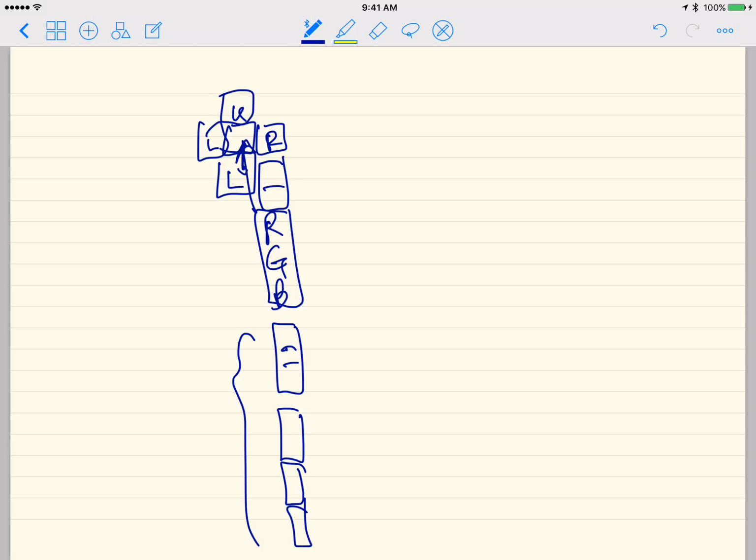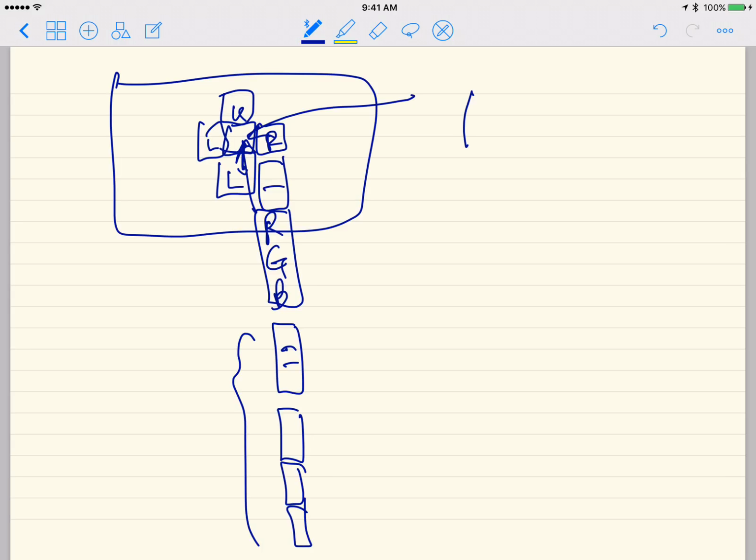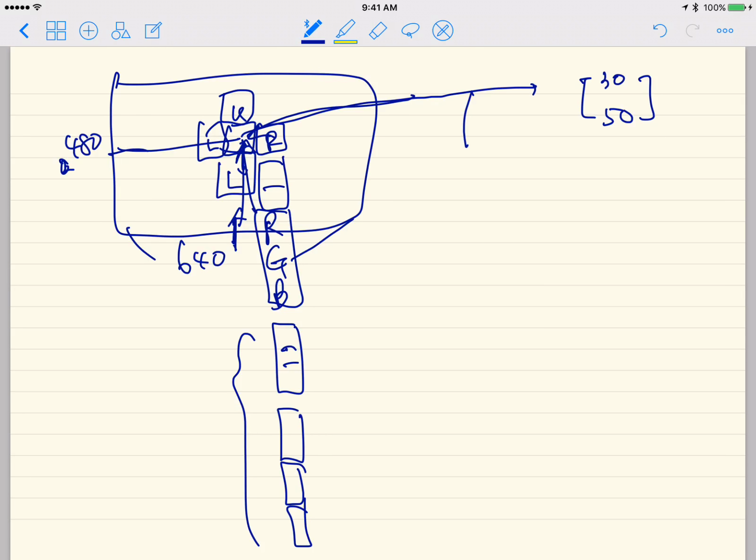So if we consider this image, maybe 480 by 640, and the position of this pixel was maybe 30, 50, which means 30 is one pixel coordinate and 50 is the other. This pixel position itself is used as a feature.